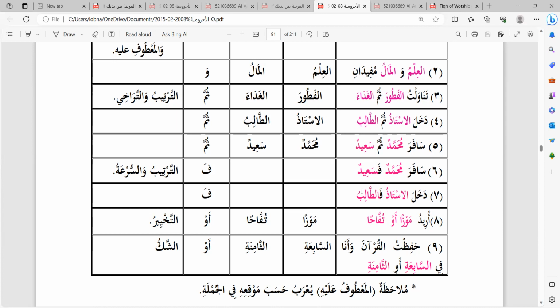Because remember, the معطوف and معطوف عليه, the dhamma is always going to, what does dhamma indicate? Raf. Only unless you have رأيت الأستاذ و, and then you have والطالب. In that case, it is mansub in both cases.